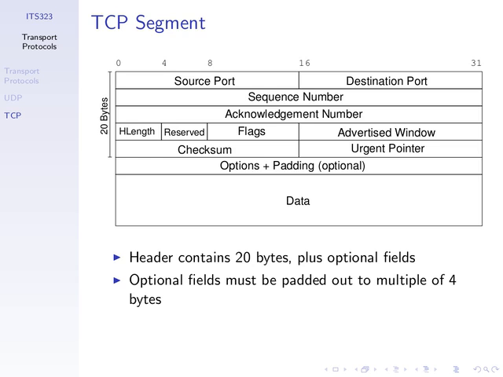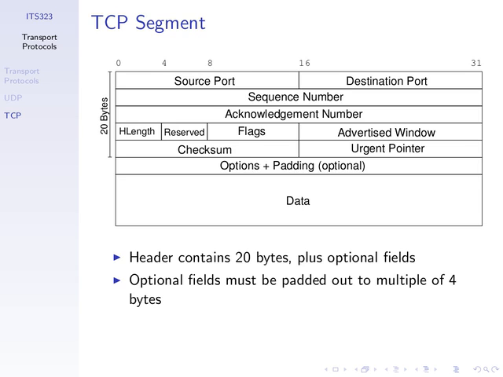We use flow control. With flow control, the receiver tells the sender how much it's allowed to send, such that it doesn't overflow the buffer at the receiver. And we use a windowing concept, sliding window. We cannot send more than the window allows. In TCP, the window may change. So we have a field in the header where the receiver says, this is what my window is right now.